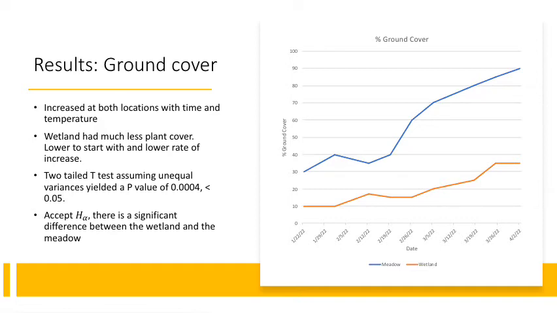The wetland started out with much less ground cover at about 15% and only ever reached about 35%, whereas the meadow started around 30% but eventually increased to almost 100% full vegetative cover. Once again, I attribute this difference to the frequent flooding of the wetland, which disturbed the community and seemed to be washing out plants or covering them with mud.